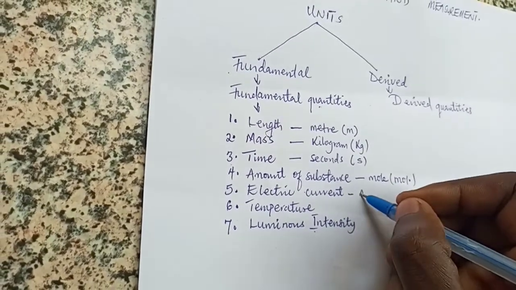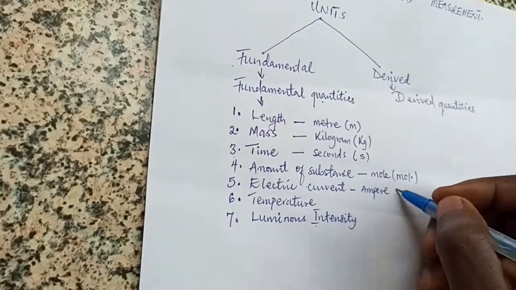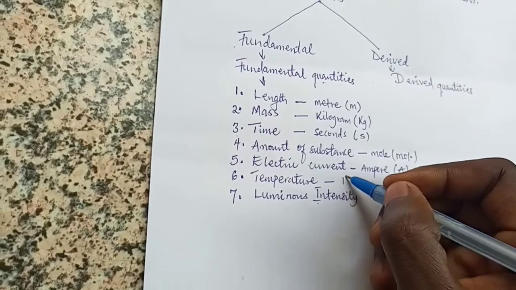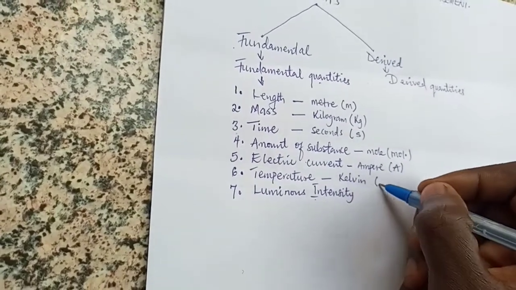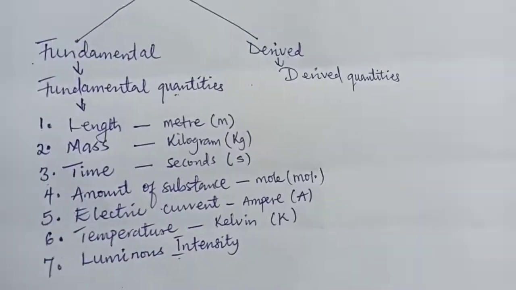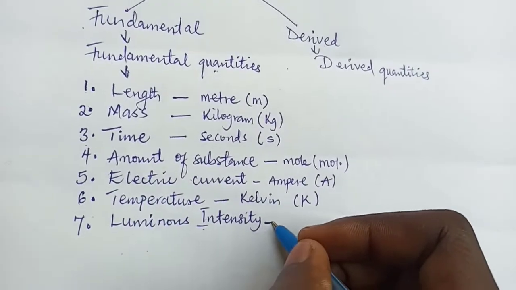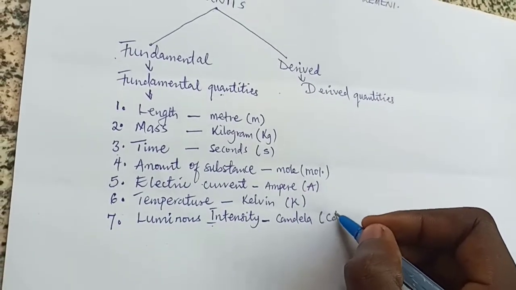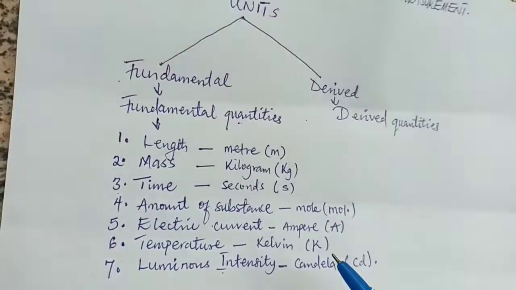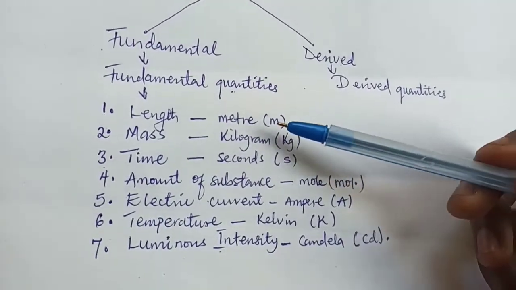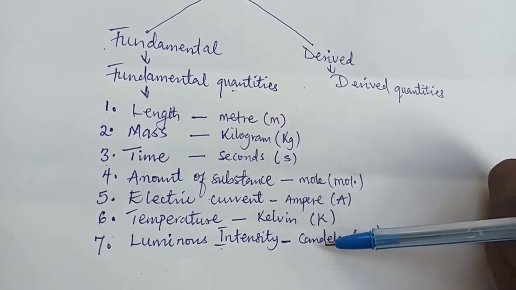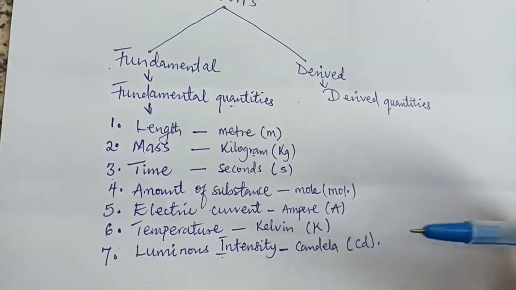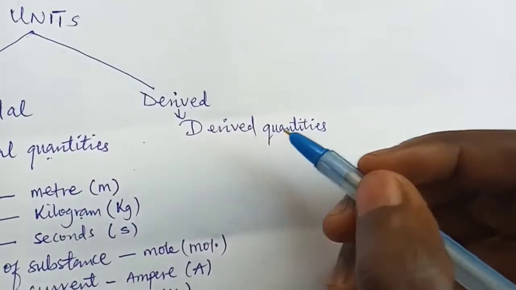For electric current, it is ampere, abbreviated as A. For temperature, its fundamental unit is Kelvin, abbreviated as K. And for luminous intensity, its fundamental unit is candela, abbreviated as cd. These are the 7 fundamental quantities and their respective fundamental units: meter, kilogram, seconds, mole, ampere, Kelvin, and candela.